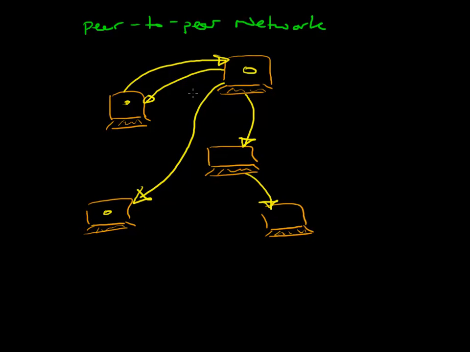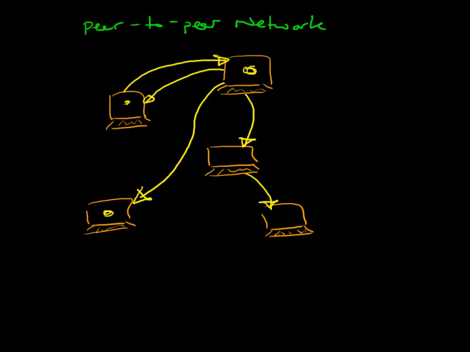The obvious disadvantage with a network like this is you might find that files start to be stored on this computer or this computer, and your levels of security are going to be lower on a peer-to-peer network. And also, you've got to hope that all of your computers are up. If this one breaks, and this is the only one with the print service, then no other computers will be able to use printers.